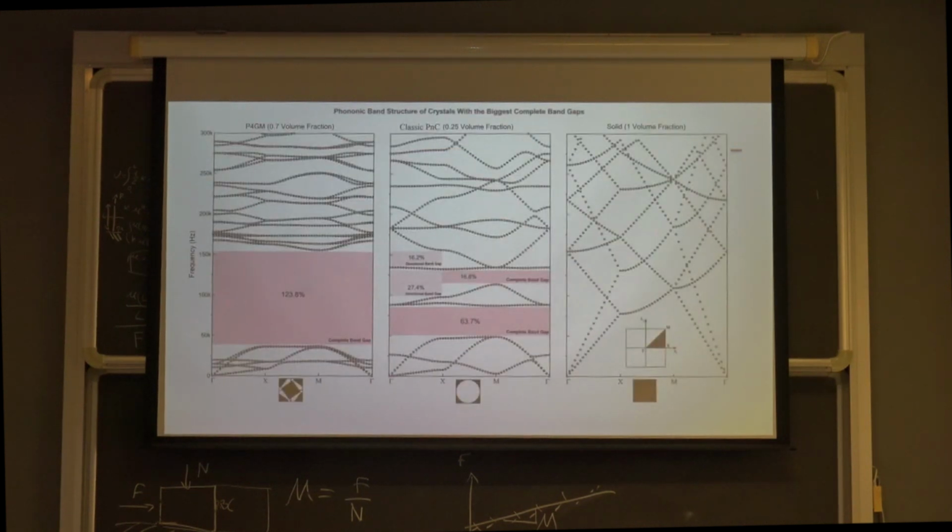And so, first, before the experiments, let's look at the band structure. This is the best structure for the best P4GM phononic crystal that we could make. Here we have 124%, which is calculated by taking the closing frequency, subtracting the opening frequency, dividing by the mid frequency, and multiplying by 100%.